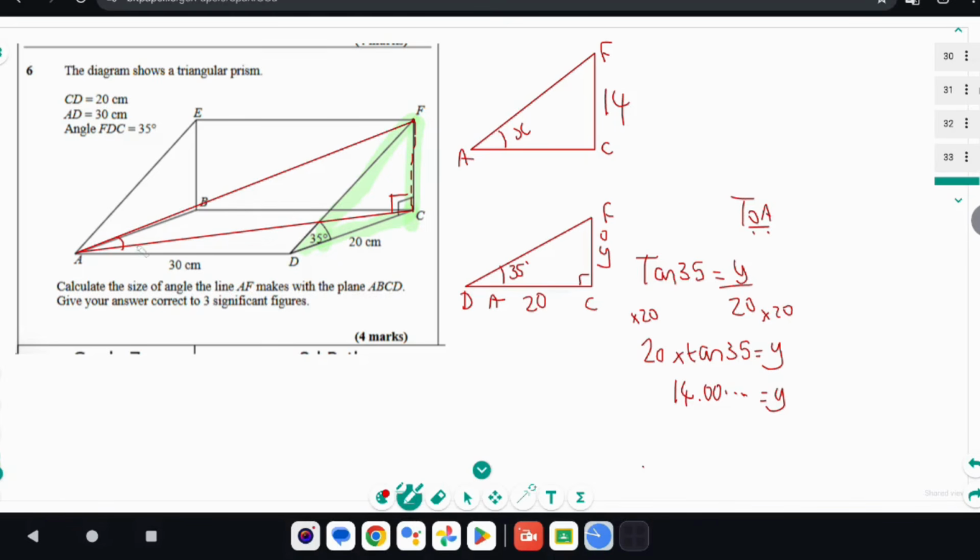So we've got one length, we need to find another length. How about we find AC? Because AC is in a triangle with D. We've got 20, we've got 30, so it's Pythagoras.